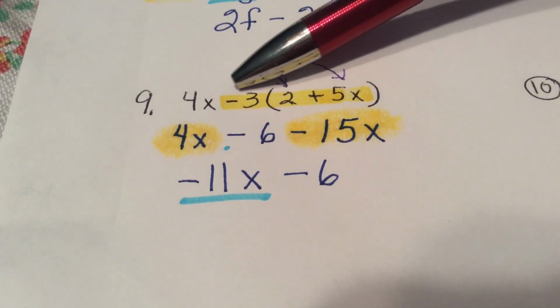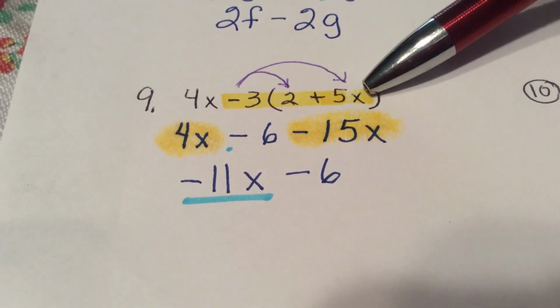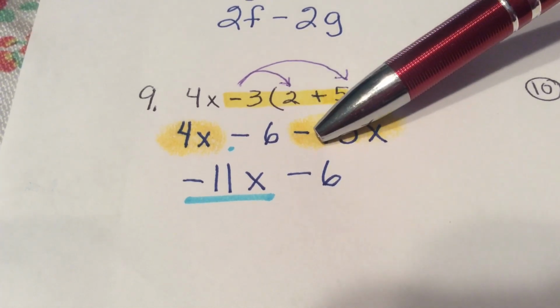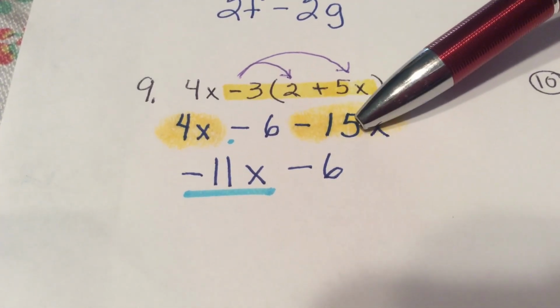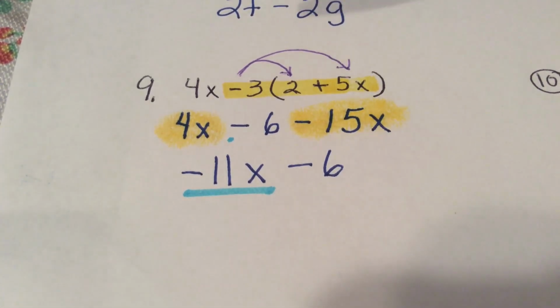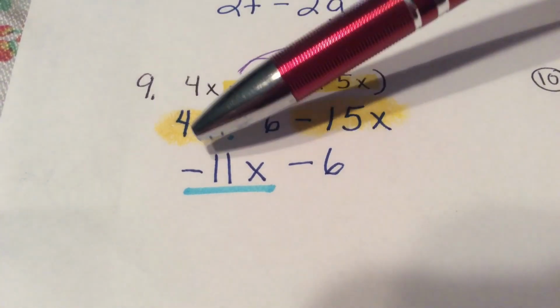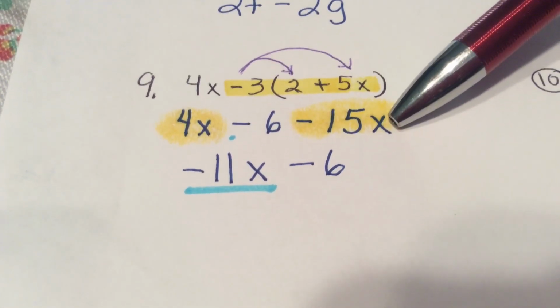A negative times a positive is a negative 6. Now we're going to take this negative 3 times this positive 5x. This negative times this positive gives us a negative. 3 times 5 is 15, and then we have our x. Now, I have highlighted the 4x and the minus 15x.